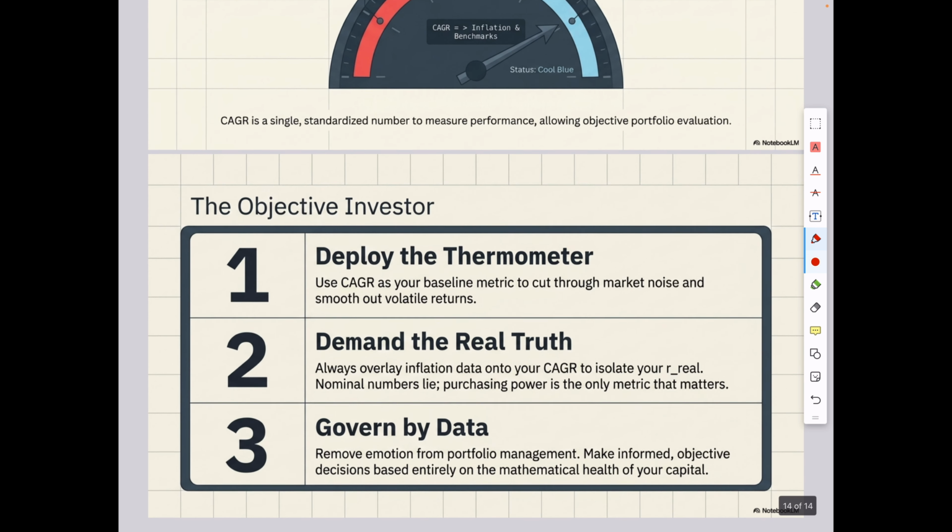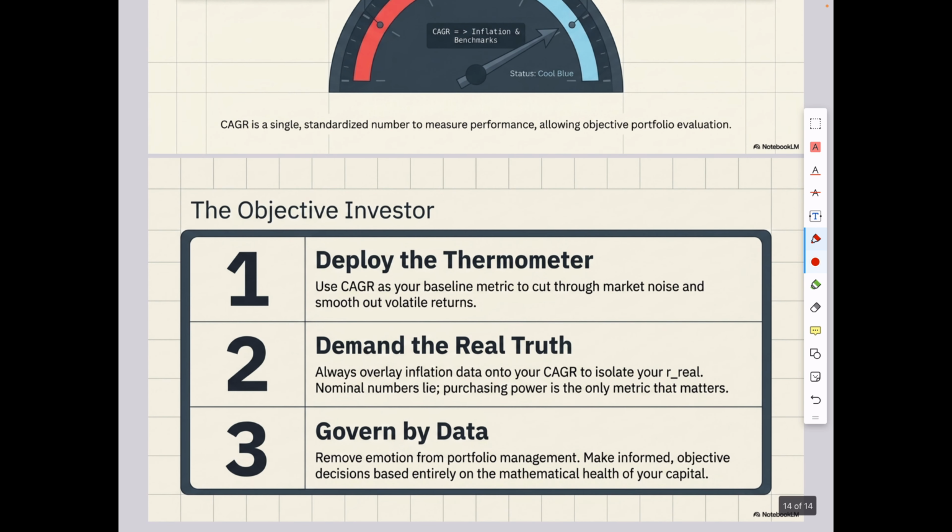So the three points that I want to make through this video: first, you deploy the thermometer. I deploy the thermometer using CAGR as my baseline metric to cut through market noise and smooth out volatile returns, especially in the tech market. It tells me the real truth of whether my money is growing, whether I am maintaining my purchasing power, and so on.